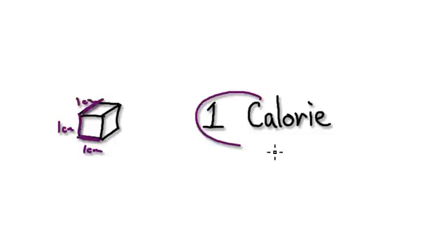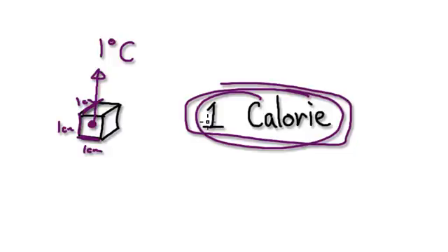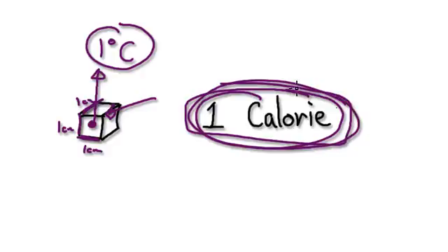So one calorie is the amount of energy needed to raise 1 by 1 by 1 centimeters cubed of water by 1 degree Celsius. So 1 calorie is defined as the amount of energy needed to raise 1 milliliter of water by 1 degree. If this were, let's say, mercury, then the amount of calorie needed would be different from water.